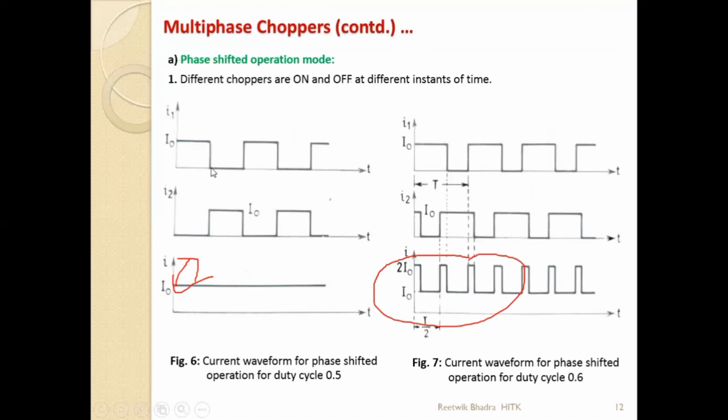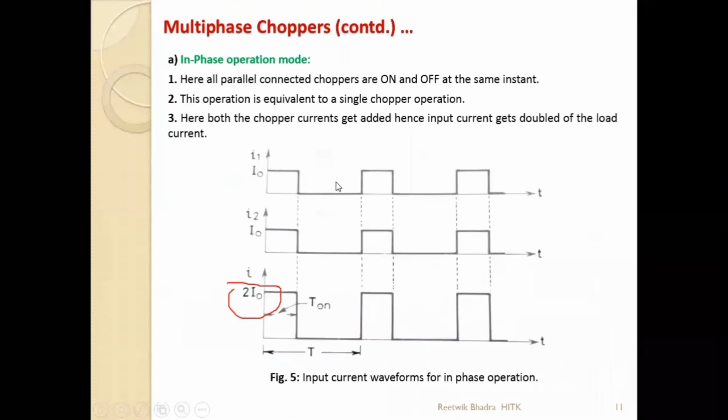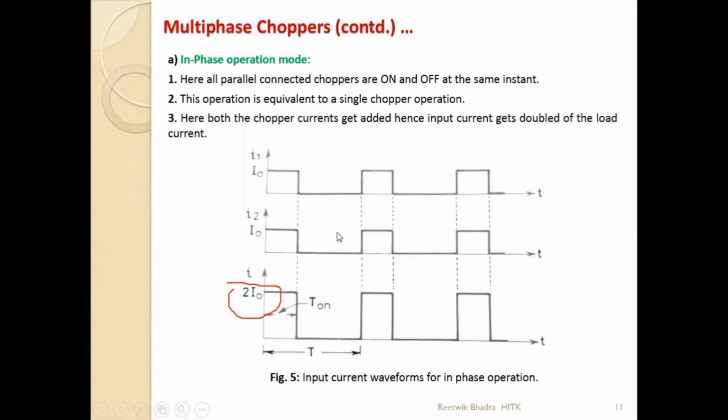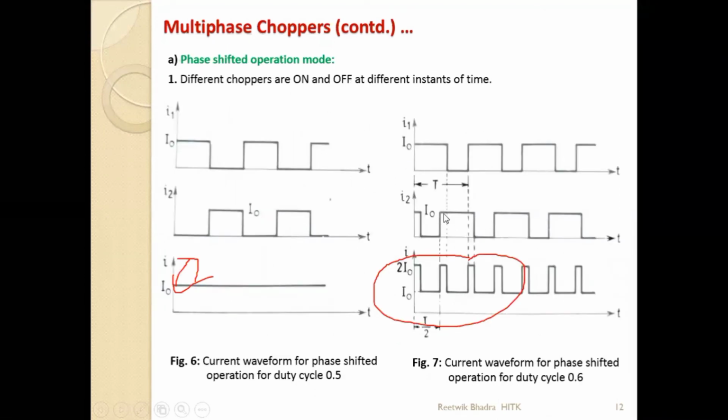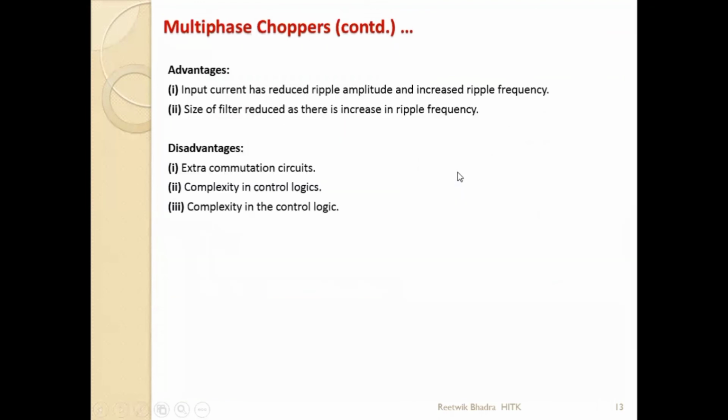In in-phase operation there is not a problem: one commutation circuit can be used for both, because these are off at the same time. This is one advantage of your in-phase chopper also. But in phase shifted operation, during this period CH2 has to remain off, during this period CH1 should remain on, and during this period CH1 should be off. So a separate commutation circuit should be present for each chopper.